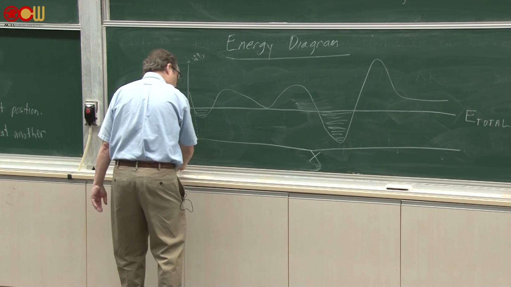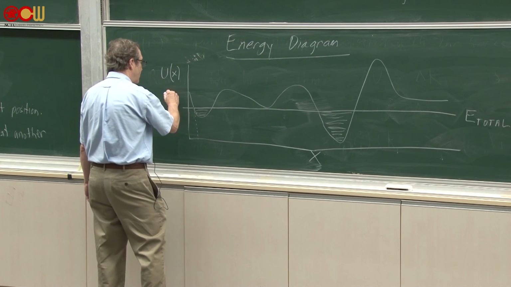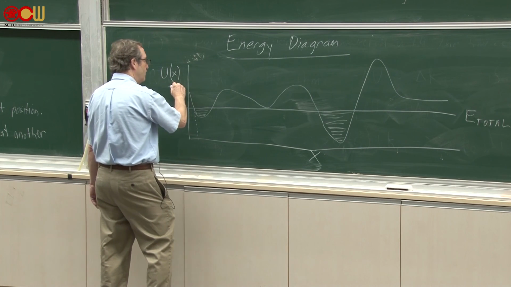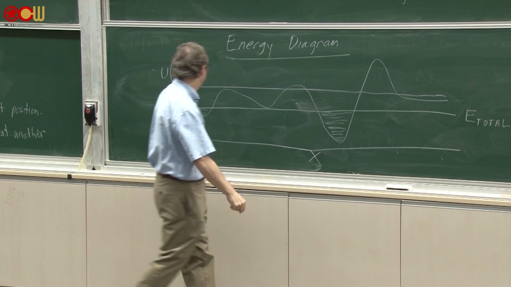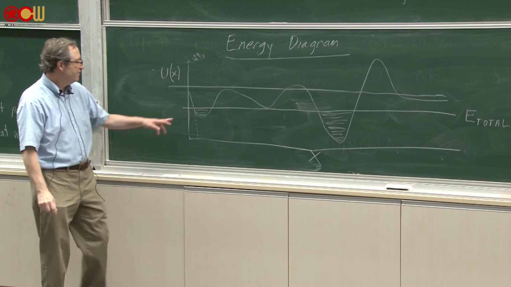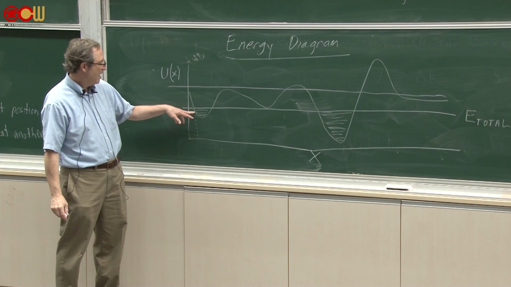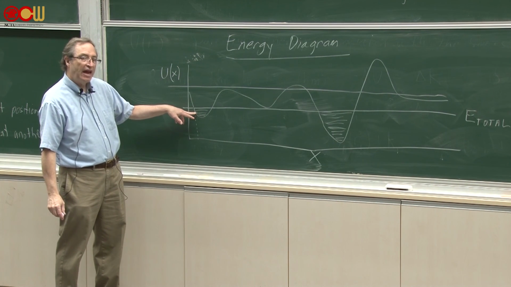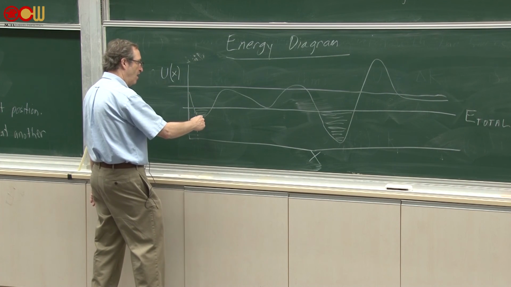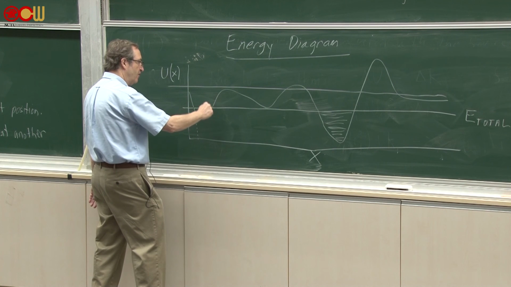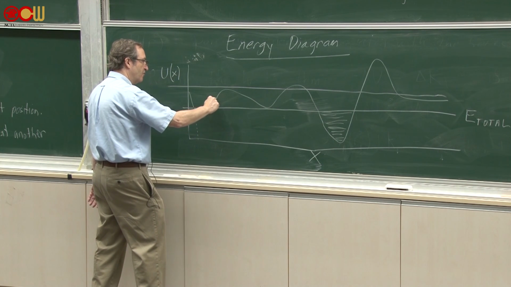Let's say the total energy was like this. All right, let's see what happens there. Let's say we started out at this point, and it was moving in that direction. The particle is going to go up here. It still has a lot of kinetic energy, so it's going to go over there.